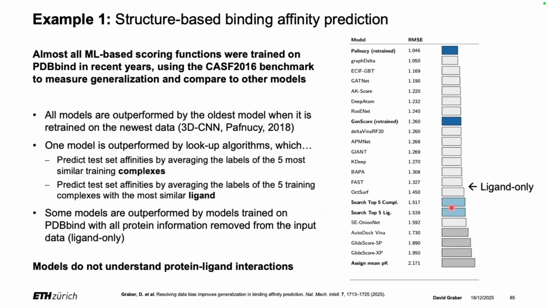And this performance you can see here. And then some models are outperformed by a model that is trained only on ligands. So you take the training data, but you remove all protein information, and then the performance is around here. So these models clearly do not really have an understanding of protein-ligand interactions.